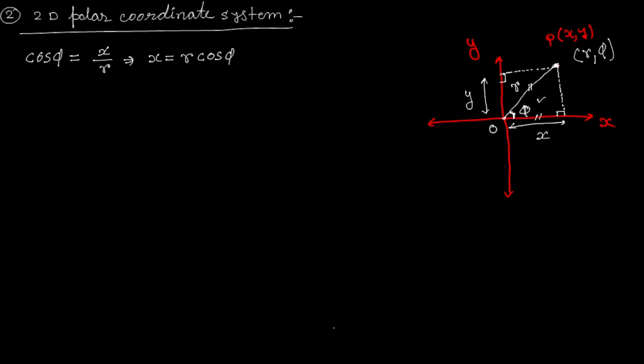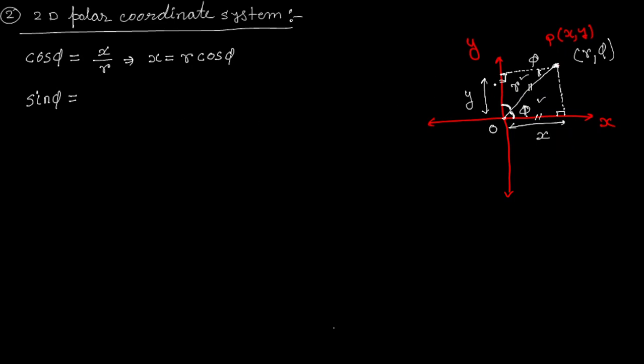And similarly, if this angle is phi, then this angle will be 90 minus phi. And if this is 90 minus phi, and this angle is 90, then this angle will again be phi. So if this angle is phi, and from this triangle I want to write the value of sine phi, how can I define sine phi? Sine phi is equal to the ratio of perpendicular divided by hypotenuse.